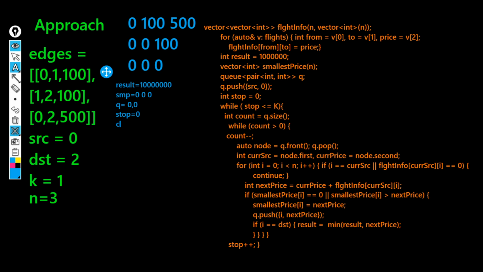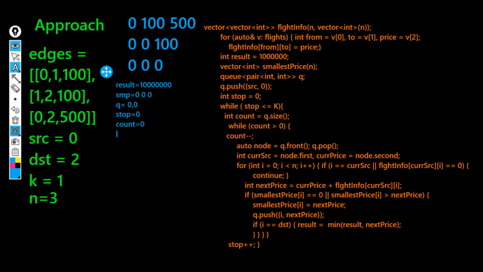Now count will be initialized. Count will be equal to 1. If count is 0, then the loop will not run. Now again we will check the condition. If count is greater than 0, so in this case count is 1. Now count will be decremented as soon as it is entered in the loop.